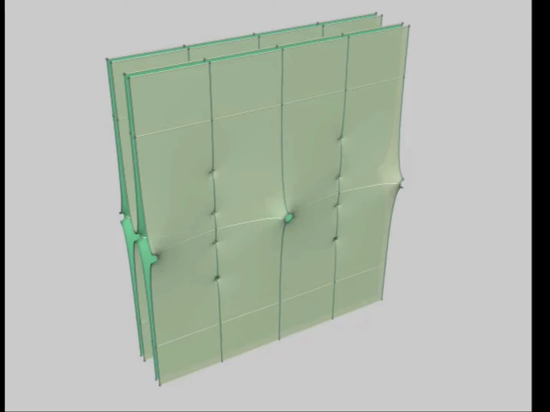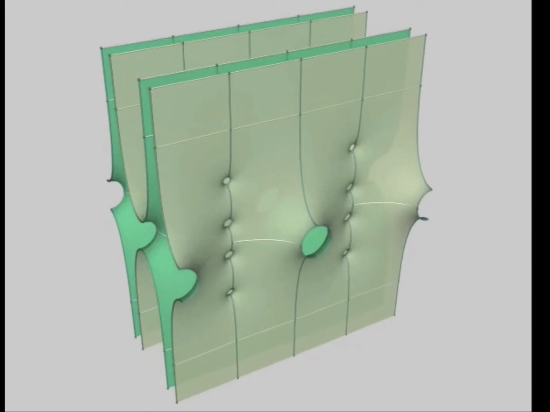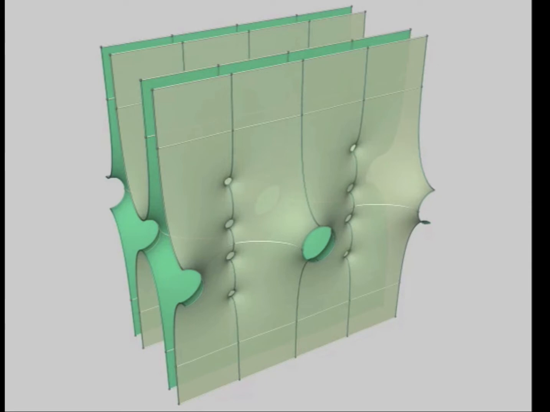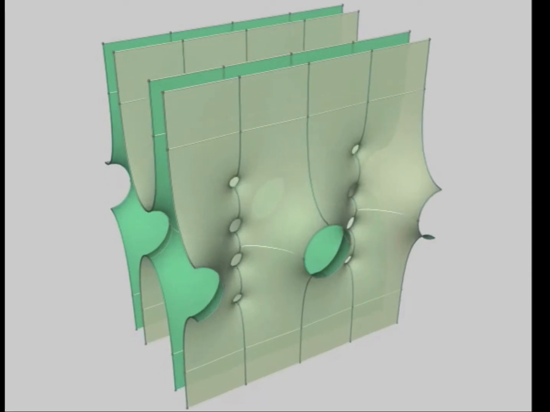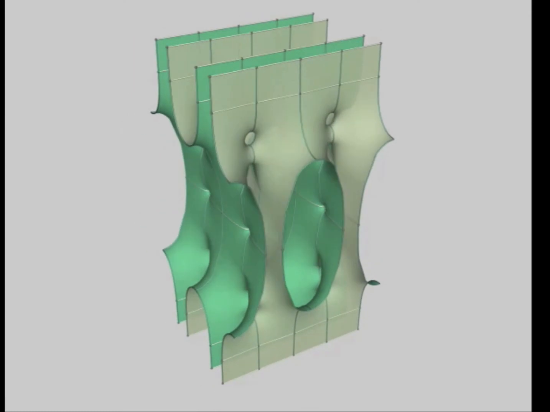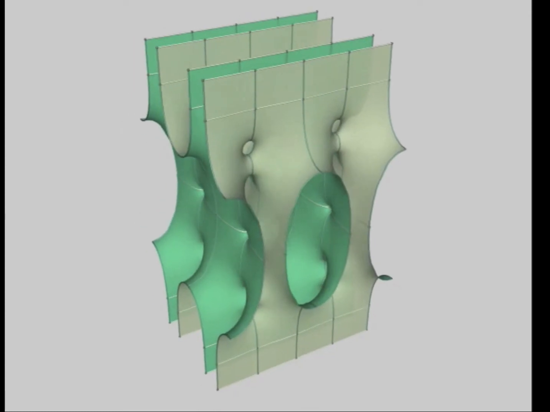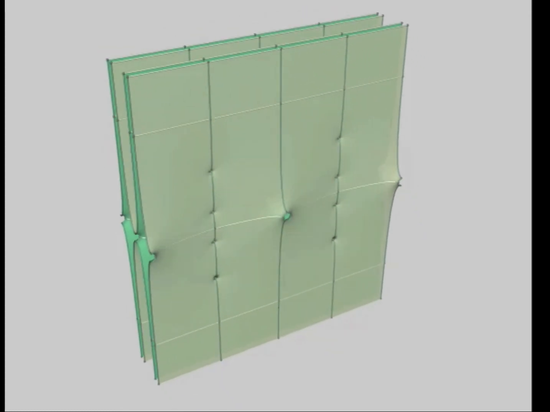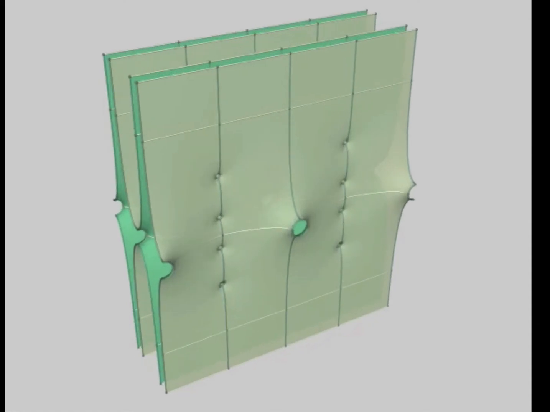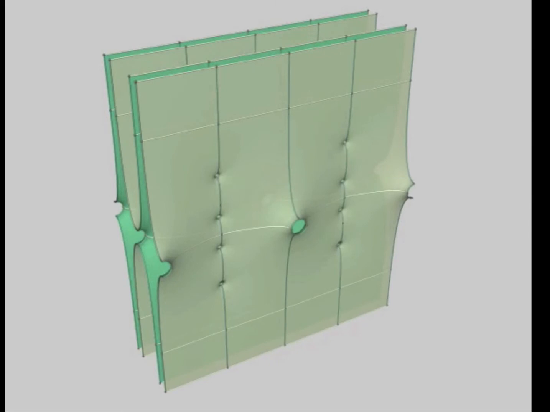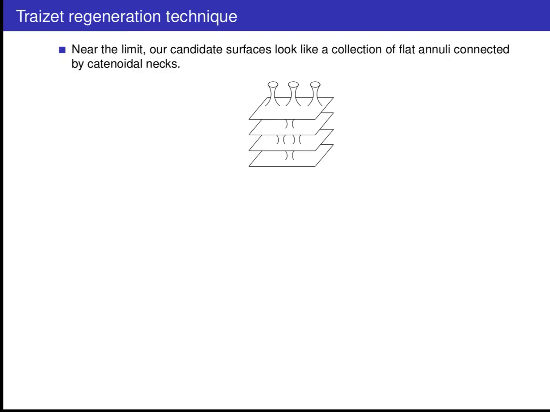As we open the nodes, we get those catenoid necks, which get larger and larger, getting further and further away from the limit. The surface gets pretty interesting, but what we care about is really close to this noded limit, say about right there, where we get those tiny catenoidal necks. So we utilize the Traizet regeneration technique.